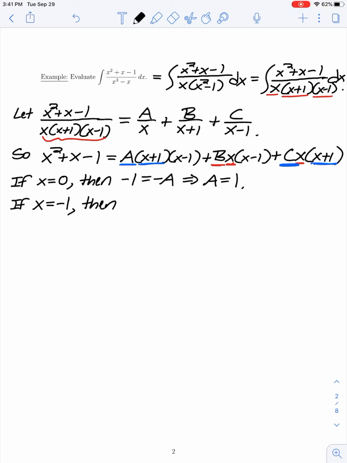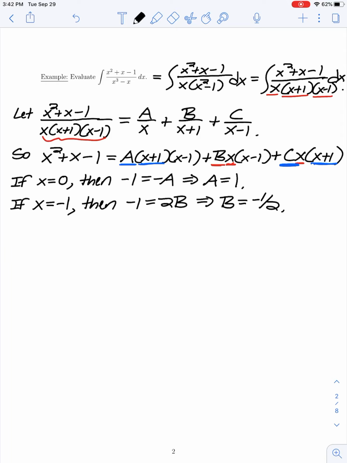So if x is -1, the left-hand side of our equation reduces to -1. That would then be equal to b times -1 times -2, or positive 2b, which implies that b would be -1/2.